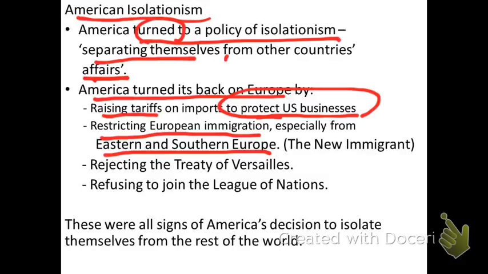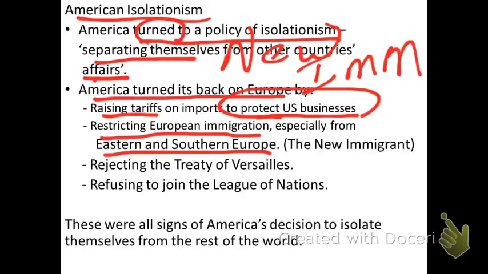We covered this in a previous chapter. Kind of ran out of room to write it up, but you get the idea. So these new immigrants are from Eastern and Southern Europe, and we started to limit them in great detail.